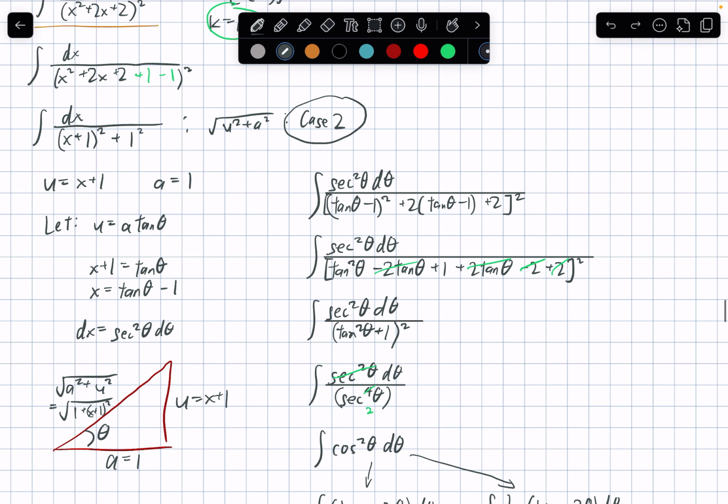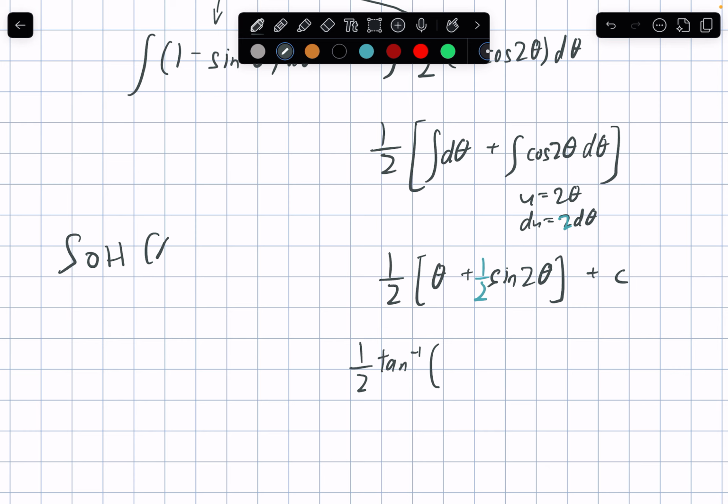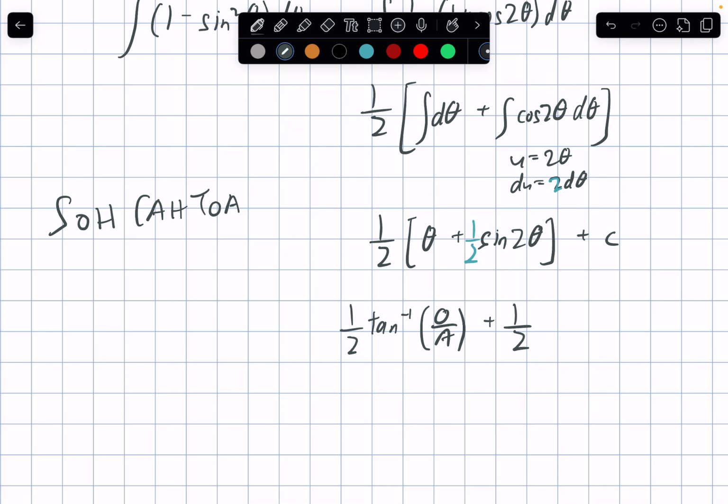Basically, since our situation right now is classified as case 2, we write tangent. So theta here will become arctangent. And in the abbreviation SOHCAHTOA, tangent is opposite over adjacent, right? So O over A plus 1/2 sine, since this is sine 2 theta, it's not sine theta where we could just easily put O over H.